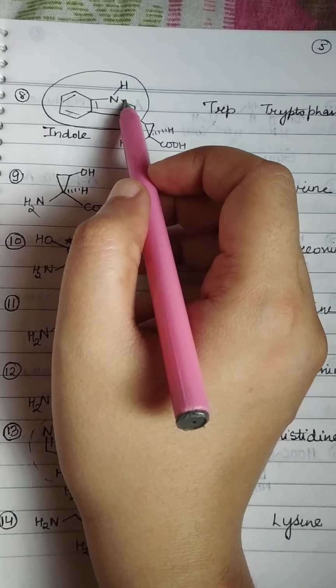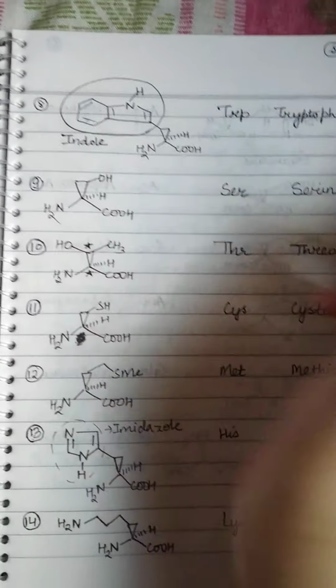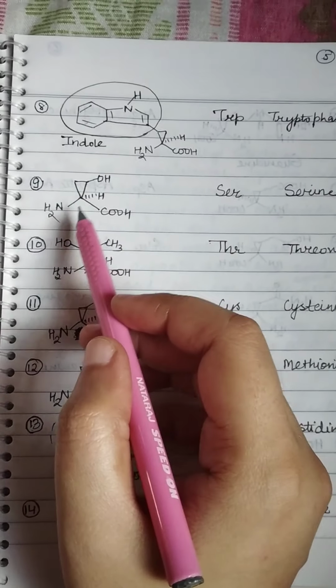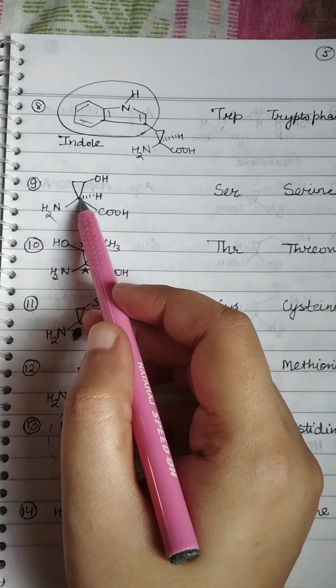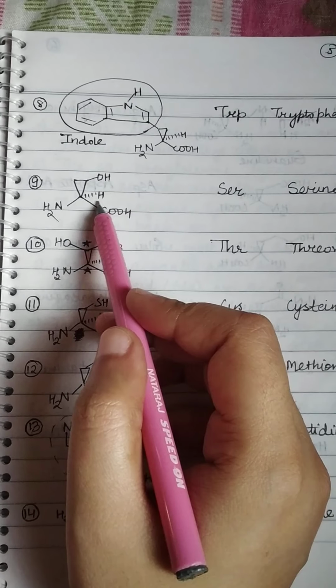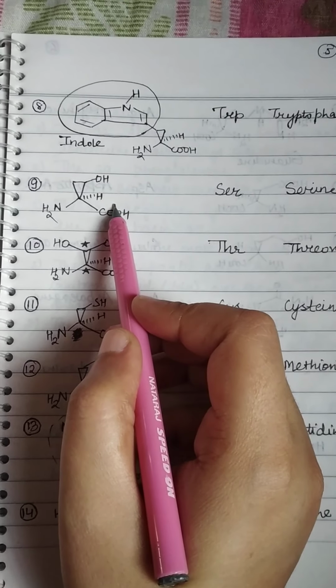The heterocyclic ring is this, and it is attached to hydrogen. So this is an indole group. And next is serine, whose symbol is SER, and here the R group is CH2OH, and the basic structure of serine is this.